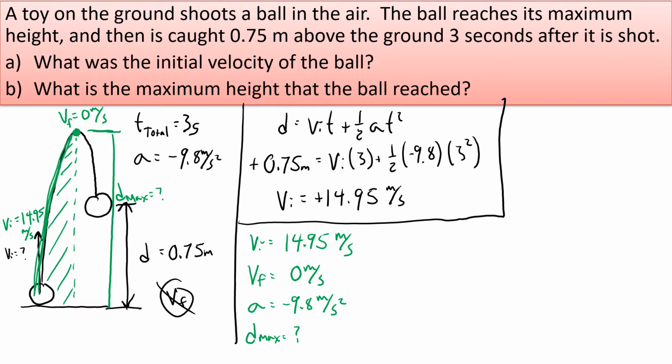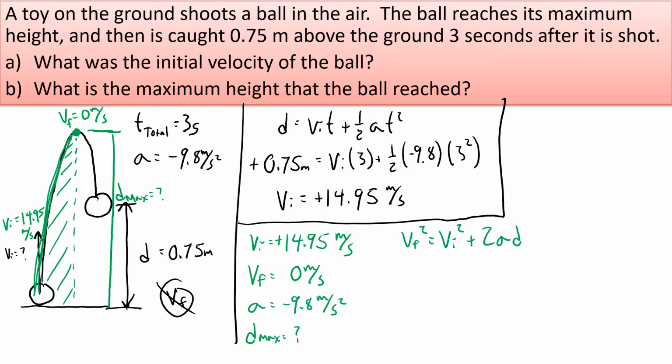So just to recap, we know that the initial velocity is positive 14.95 meters per second. We just calculated that. The velocity at the top is 0, so that's VF. We know the acceleration, and we're going to look for D. So we don't care about what the time is, so you look for the equation that doesn't have a T, and you're going to use VF squared equals VI squared plus 2AD.